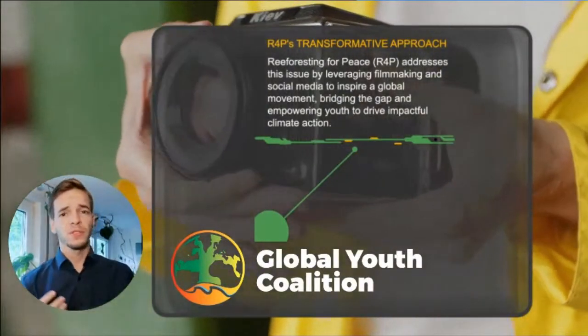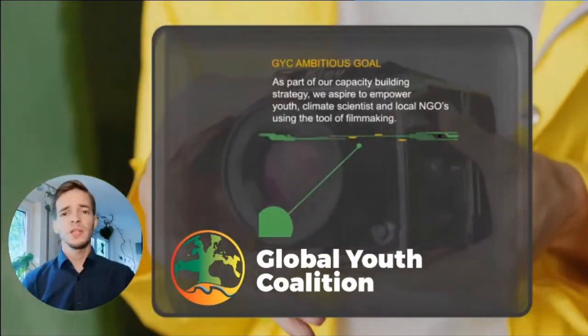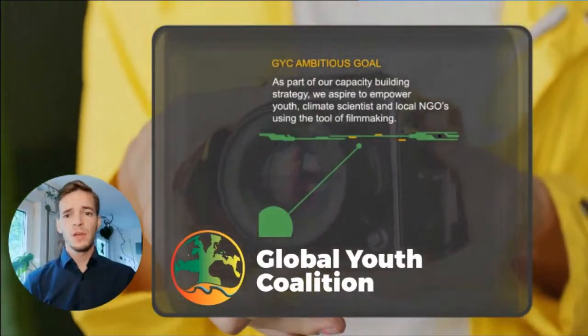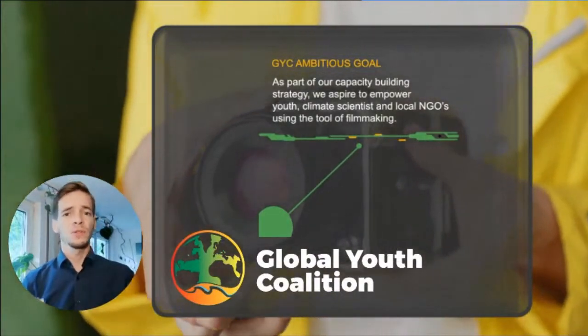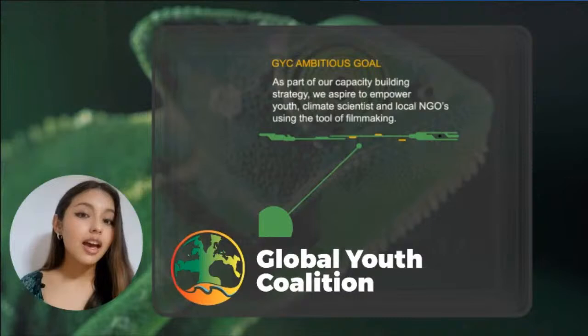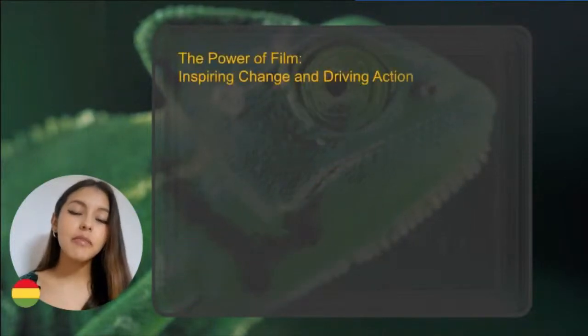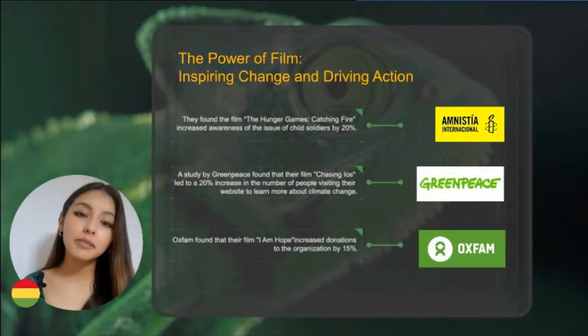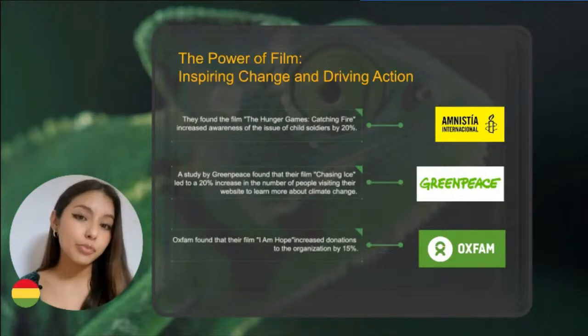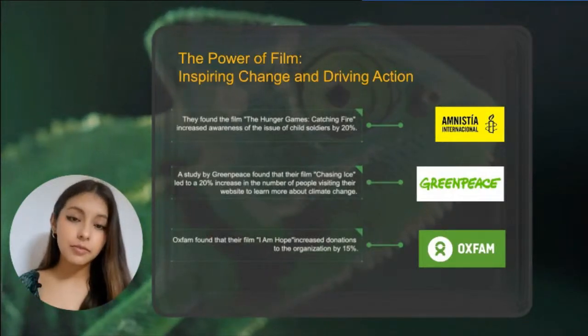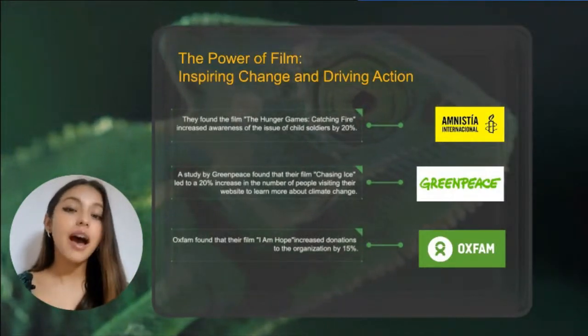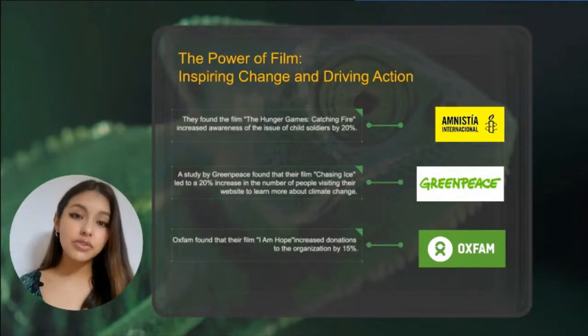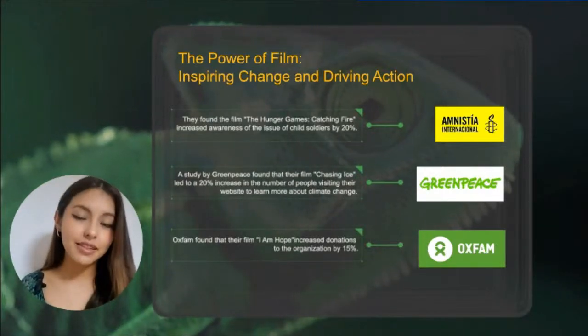With this, as part of the GYC capacity building strategy, we aspire to empower youth, climate scientists and NGOs to use the tool of filmmaking. Amnesty International, Greenpeace and Oxfam are some examples of how filmmaking has an impact when we support and involve into it. Oxfam mentioned that the film Iron Hope increased the donations to the organization by 15%.